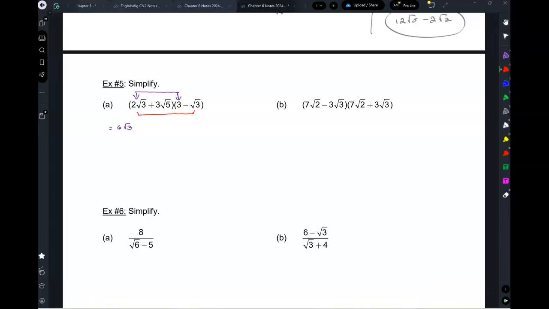Outer terms, negative 2 times root 3 times root 3 is just 3. Inner terms, positive 9 root 5. And then the last terms, negative 3, and root 5 times root 3 is root 15.